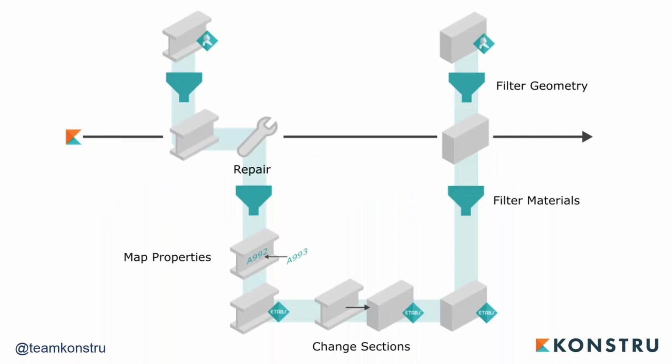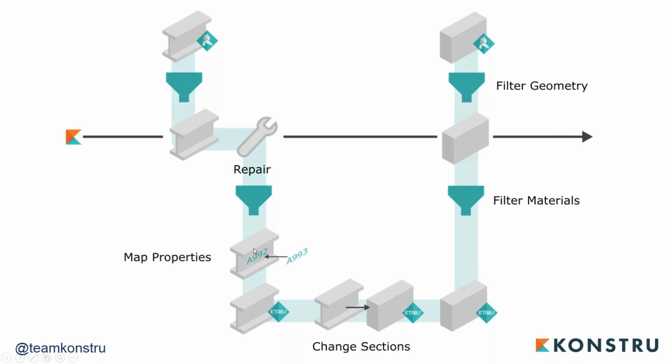We're going to give a live demo in a second, where we'll go from Revit to Konstru to Etabs, and then back to Revit. This diagram looks fairly complicated, but we'll start in the top left corner. We'll bring information into Konstru. Then in Konstru, we'll make some changes to the model and prepare it for structural analysis.